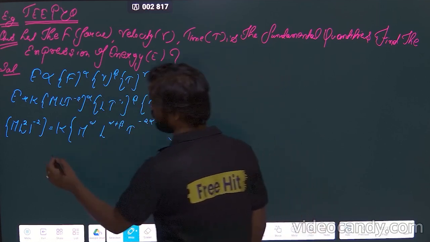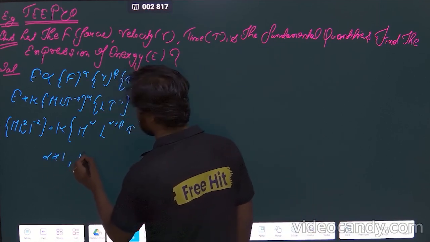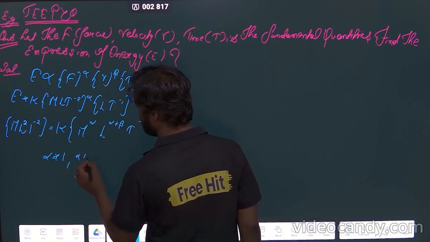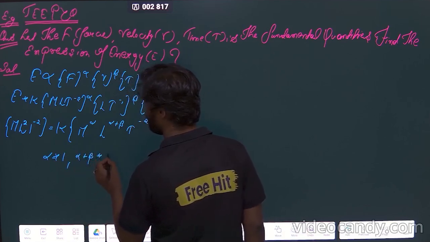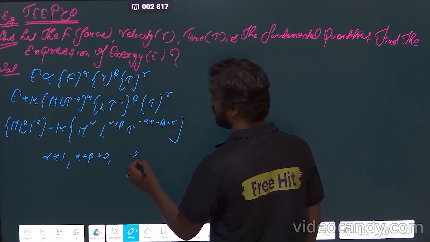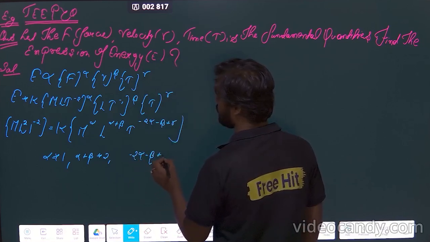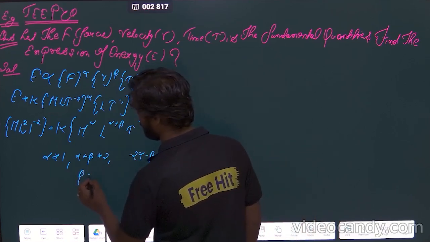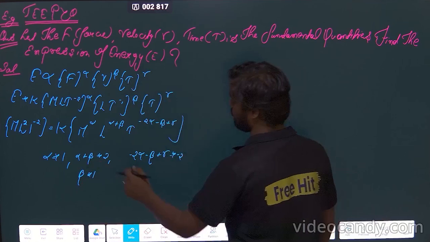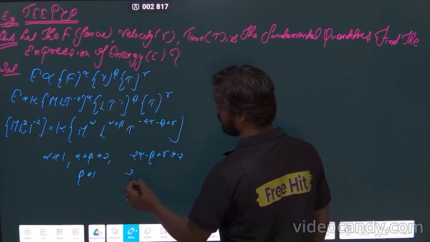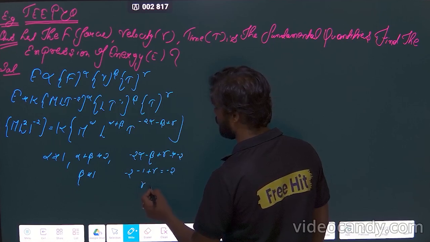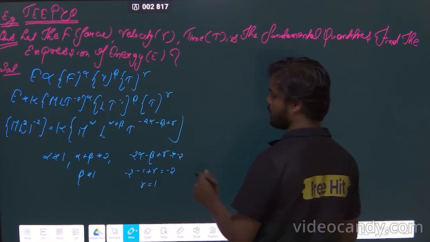So from here if you equate, alpha plus beta is equal to 2, and minus 2 alpha minus beta plus gamma is equal to minus 2. So if you put the value here, you will get beta is equal to 1, and from here minus 2 minus 1 plus gamma equal to minus 2. So you will get gamma is equal to 1. So alpha is 1, beta is 1, gamma is 1.